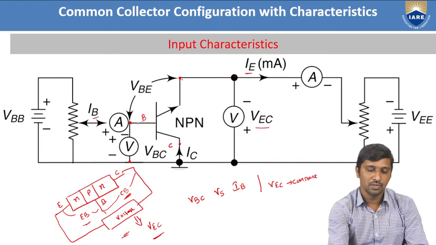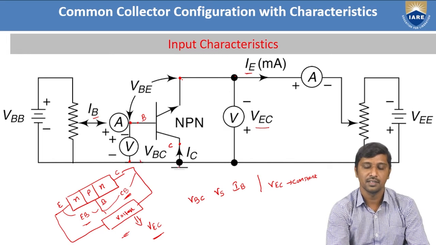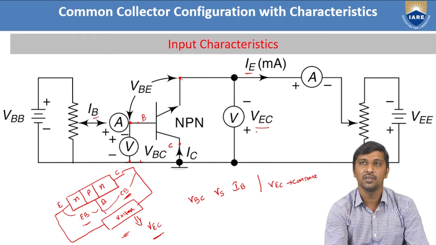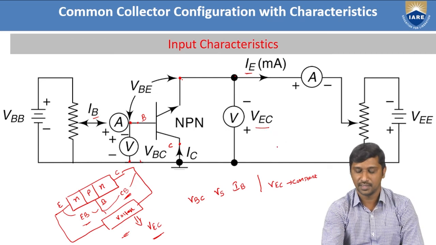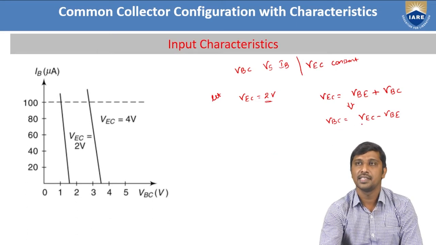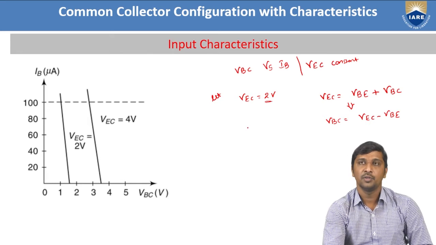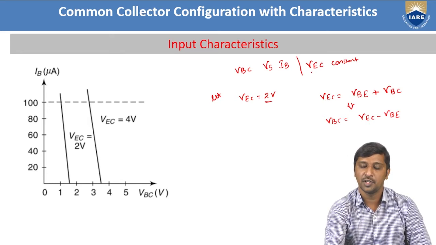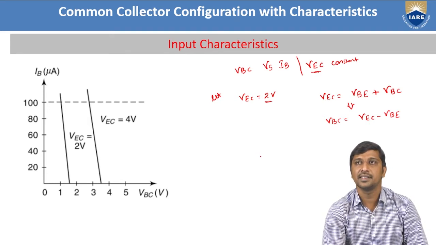Here we need to find the node voltage from base to collector, so we need to subtract the emitter base junction voltage from the emitter to collector voltage. The same I represented here: VBC is equal to VEC minus VBE. And to plot these characteristics, now we need to maintain this VEC constant here.